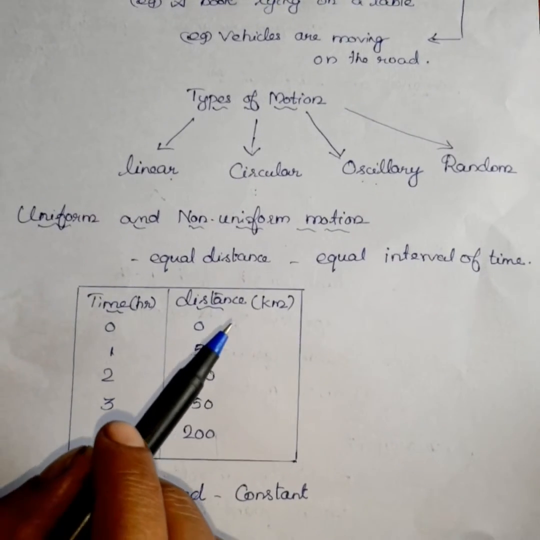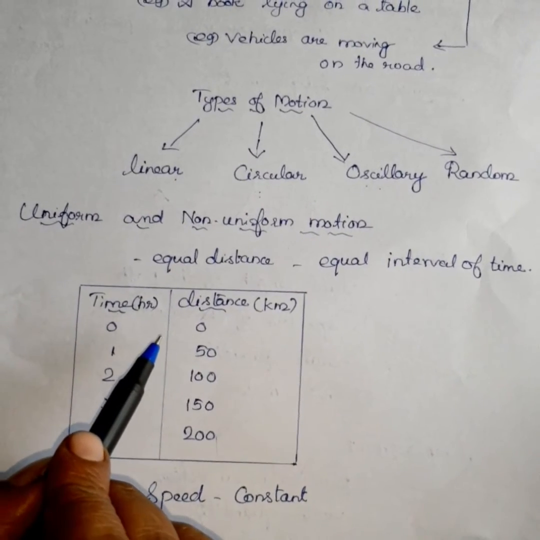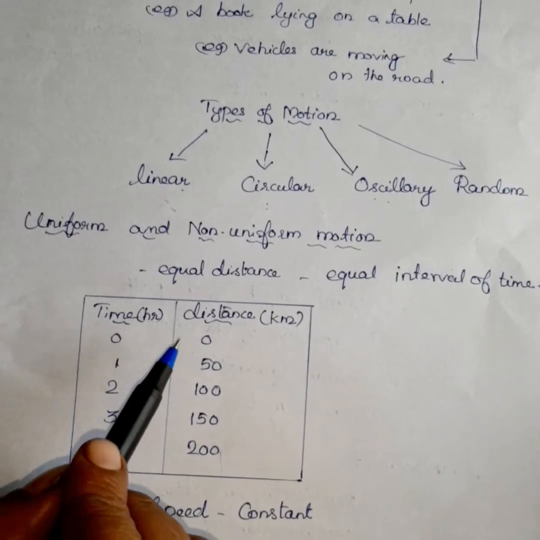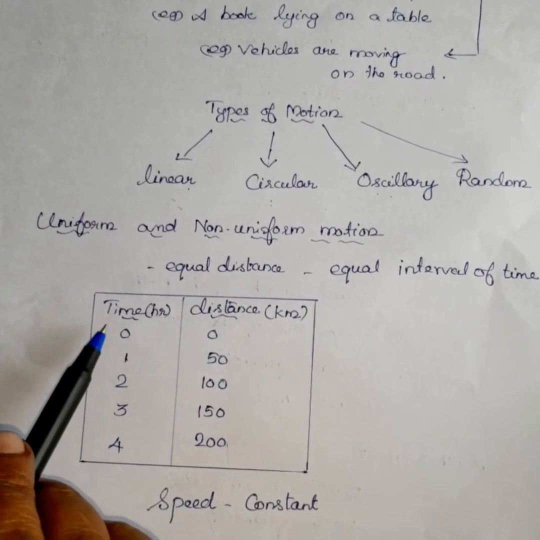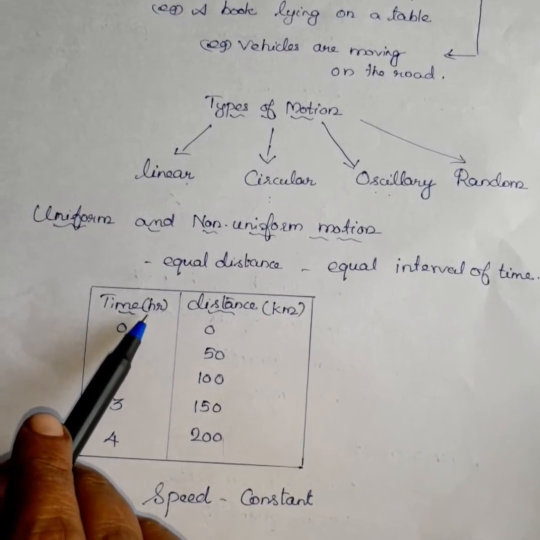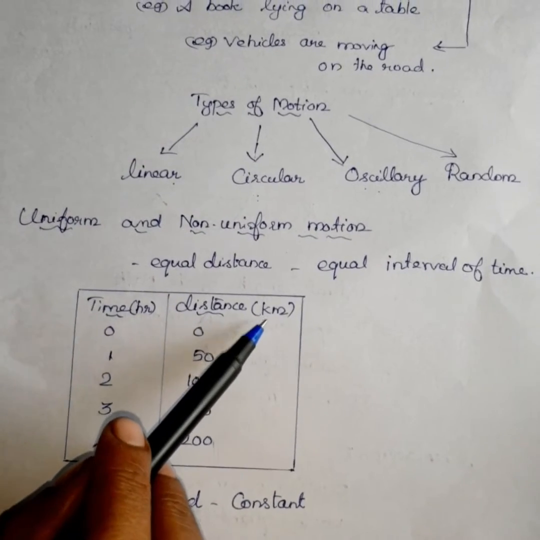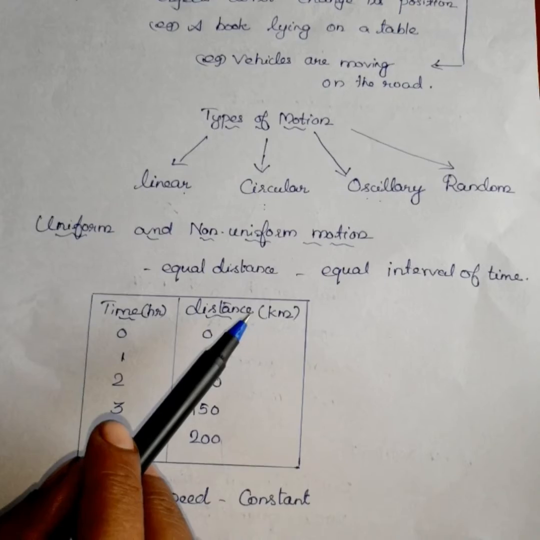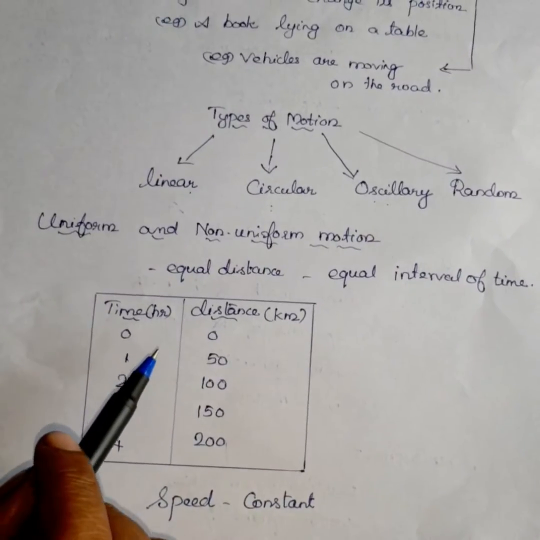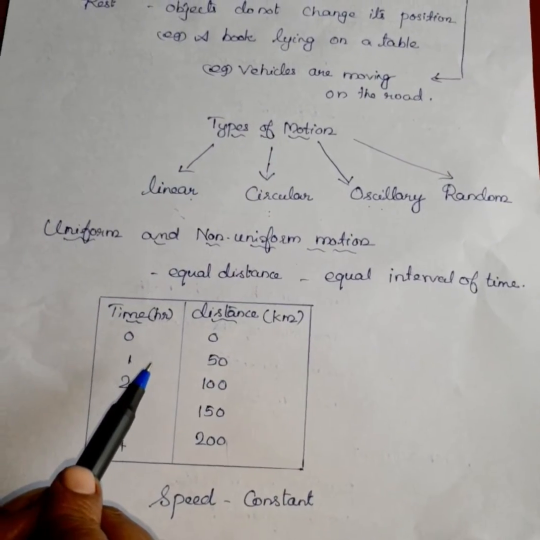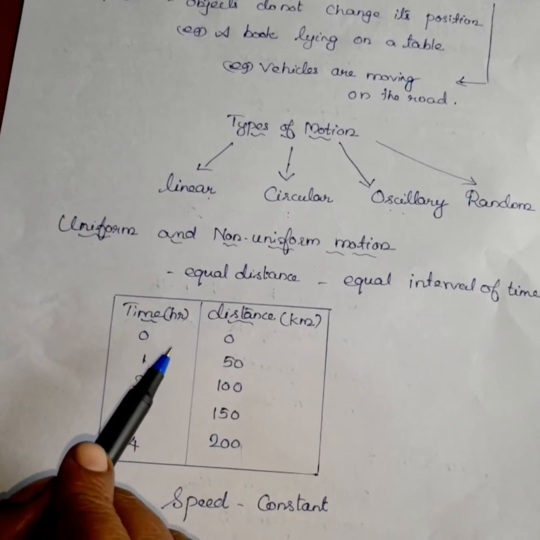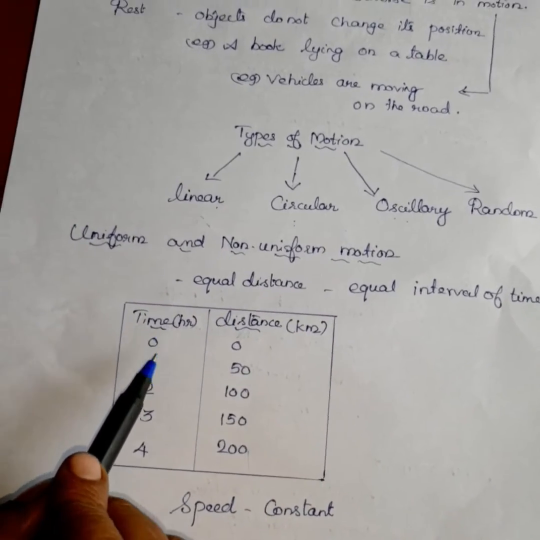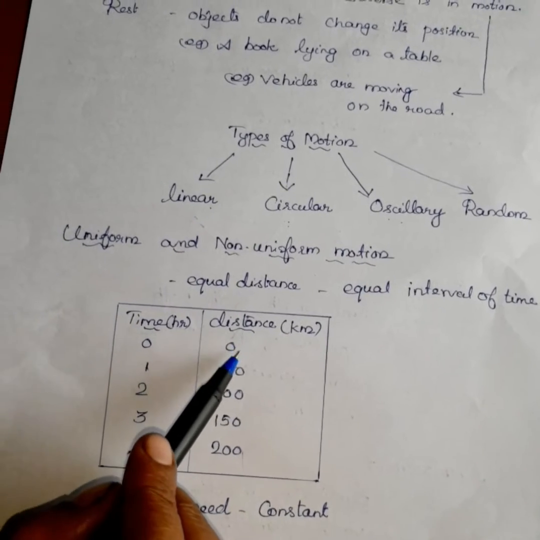If you consider the motion of a car, here time is in hours and distance in kilometers. Initially the car is at rest, so the time is 0 and the distance is also 0.